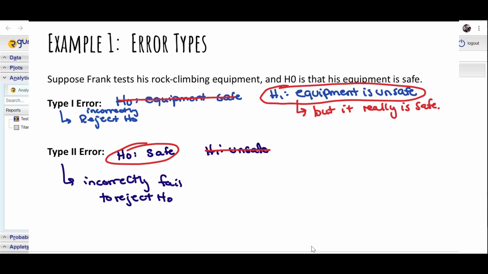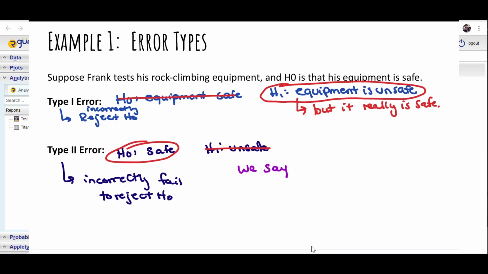So what this would mean here is we say it's safe, but in truth, it isn't. And that is worst case scenario, because it's rock climbing equipment. I'm assuming for mountains and that kind of thing, so those go pretty high. And so in the type 2 error scenario, we're saying the equipment's safe, but it really isn't. And so that could be bad.